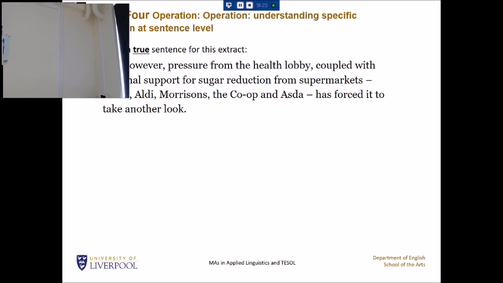Supermarkets agree with what? With reducing high sugar food. Supermarkets agree with reducing high sugar food.